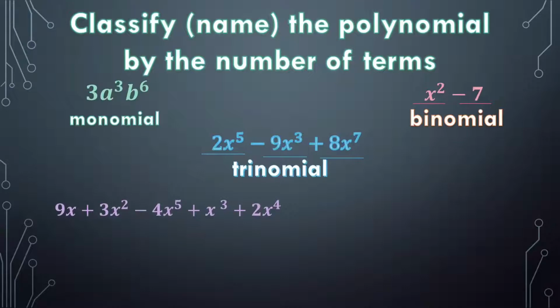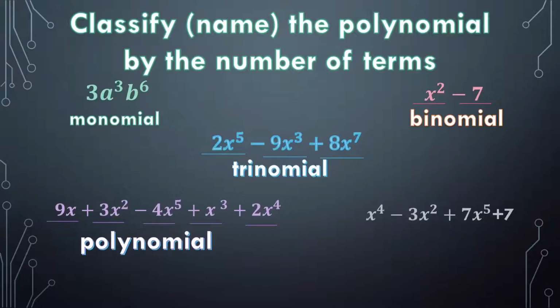Now, there are a lot of plus and minus signs here. So what I like to do is underline each term that is being separated. So right now I have 3, 4, 5. Remember, anything that is 4 or more is simply a polynomial. So if I look here, I have 1, 2, 3, and 4.